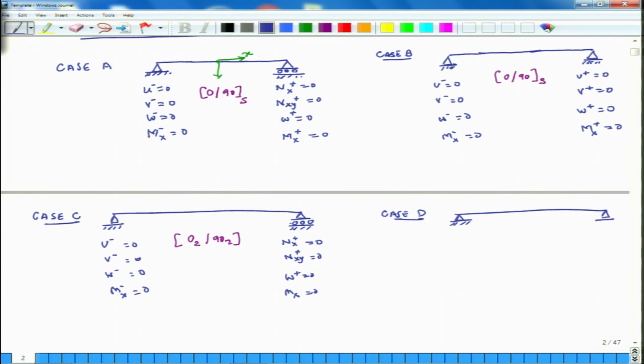the boundary conditions for case D are similar to case B. So, u minus, v minus, w minus, mx minus, all these are 0.